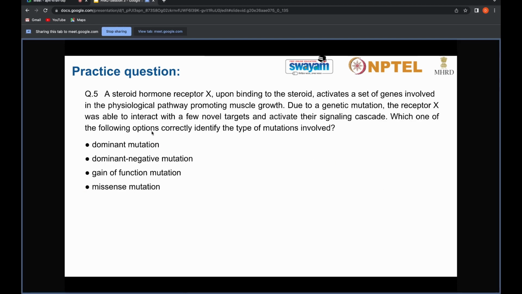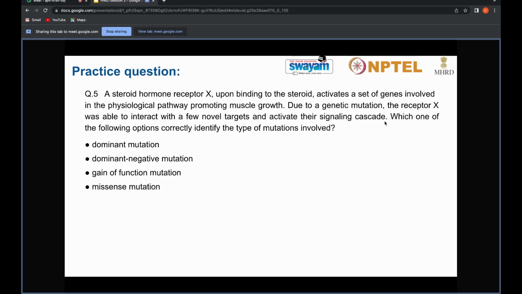Now this is question number 5. It says a steroid hormone receptor X, upon binding to the steroid, activates a set of genes involved in the physiological pathway promoting muscle growth. Due to a genetic mutation, the receptor X was able to interact with a few novel targets and activate their signaling cascade.